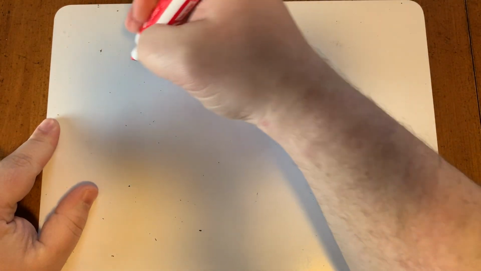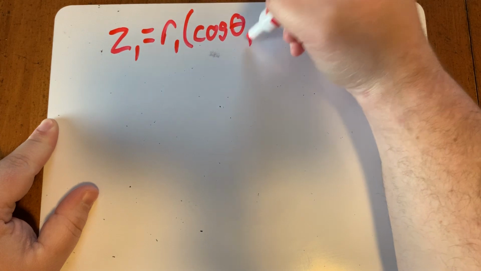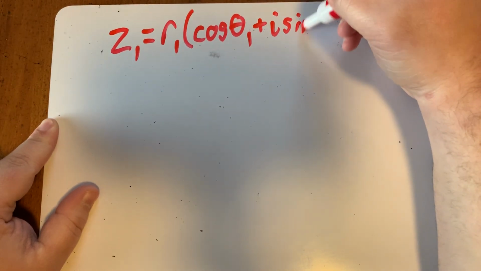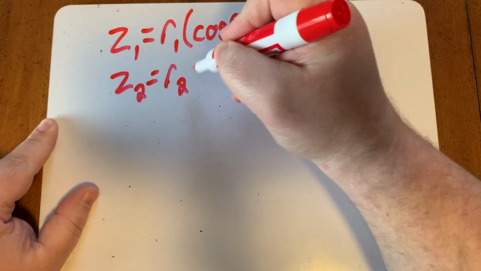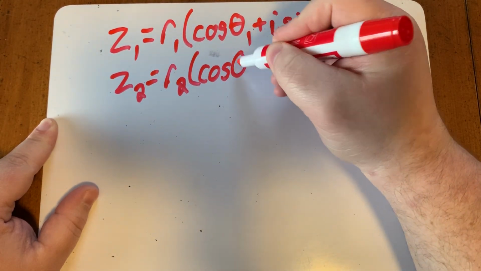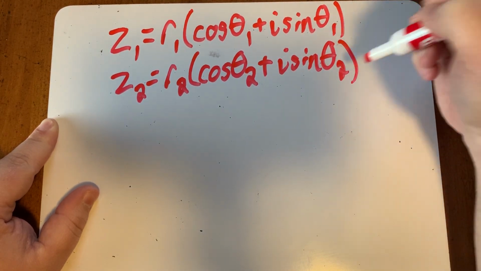Now, what the polar form is handy with is doing operations with complex numbers, specifically multiplication and division. Say you had a complex number z1 equals r1 cosine of theta 1 plus i sine of theta 1, and then z2 was r2 cosine of theta 2 plus i sine of theta 2.